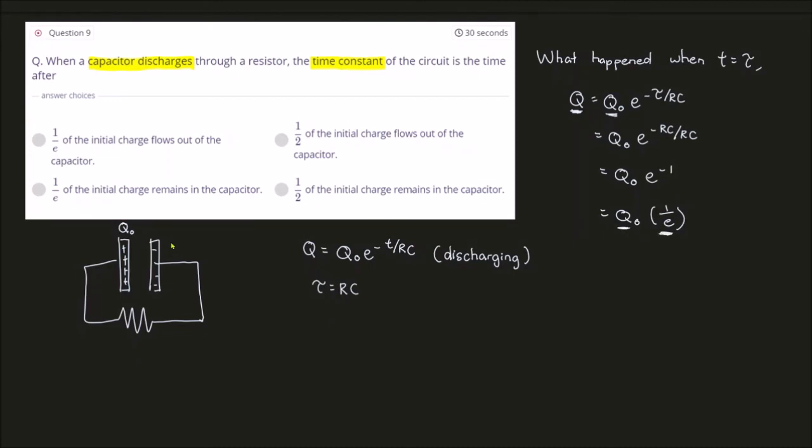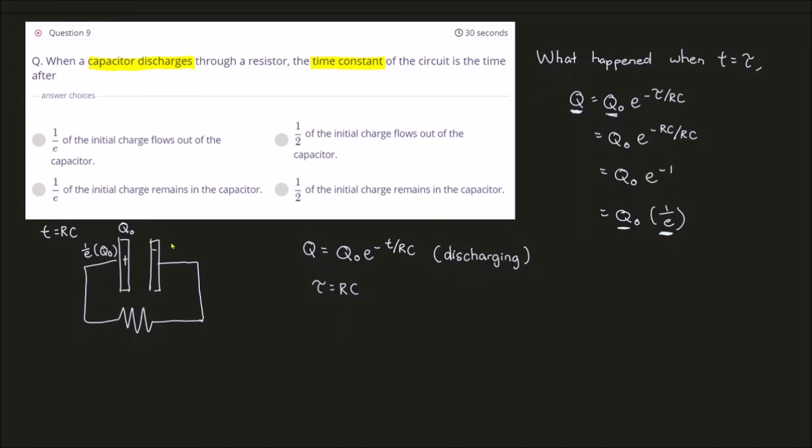So now when time is equal to RC, or when time is equal to the time constant, you have less charge in the capacitor plates, but the amount of charge left at the capacitor plate will be 1 over e of the initial charge stored at the plate.